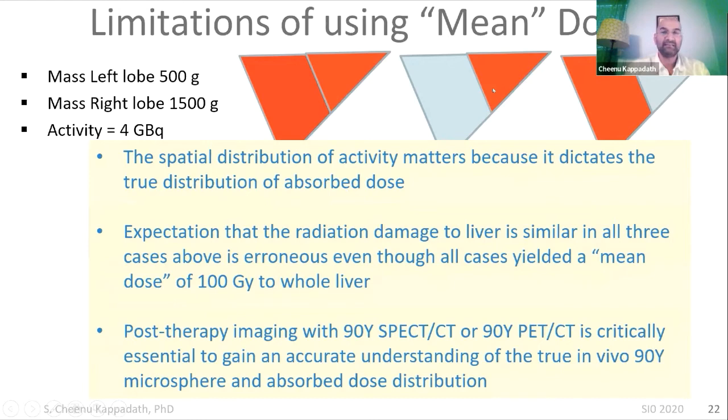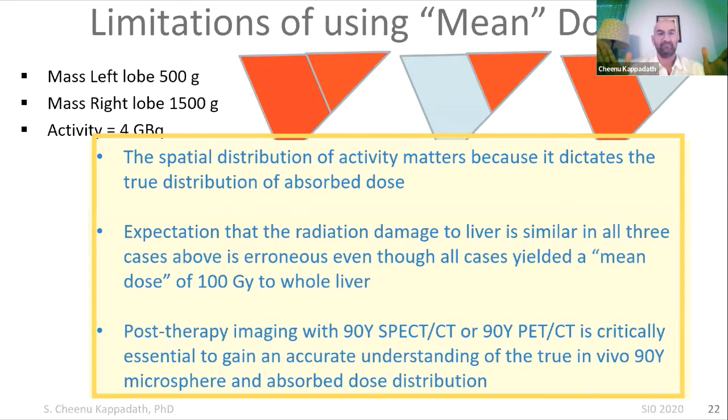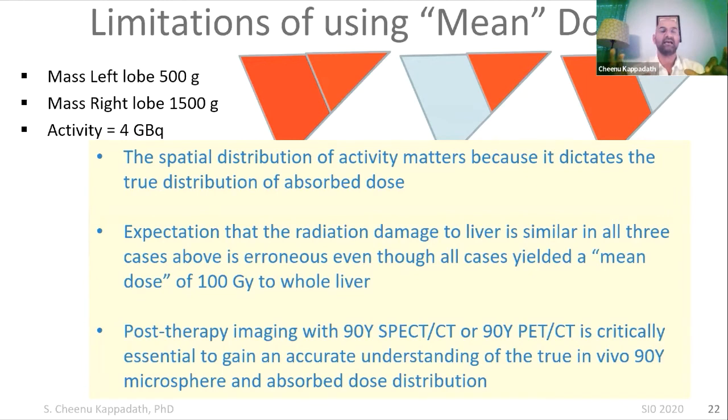And if you look at these 3 scenarios, we would not expect the same outcome, right? Based on the 3 different types of dose distribution, even though the mean dose is the same. So it's very critical to assess post-therapy imaging, even if it's not quantitative, to qualitatively understand where the dose was distributed and whether that was what you intended.